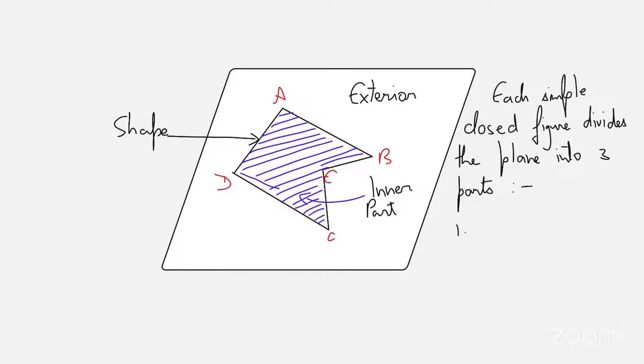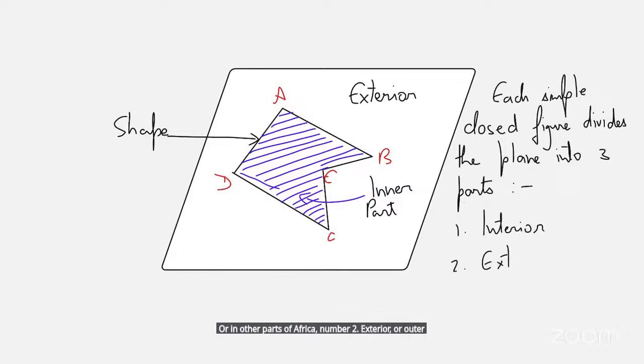Number one, interior or inner part of the figure. Number two, exterior or outer part of the figure. Number three, the figure itself or the shape.